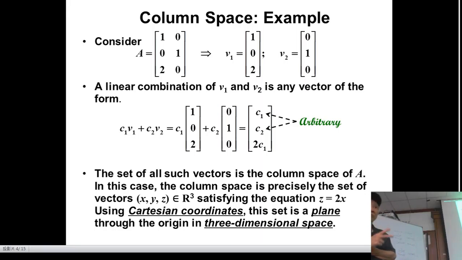So this is only 2, just like a plane. This is not 3-dimensional, this is only 2-dimensional space, created by only 2 columns. So the column space is the set of vectors x, y, z in 3-dimensional space satisfying the equation z equals 2x.